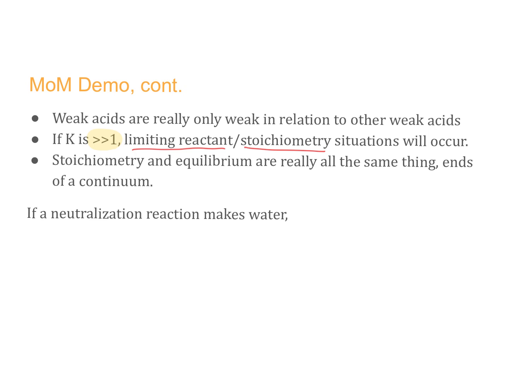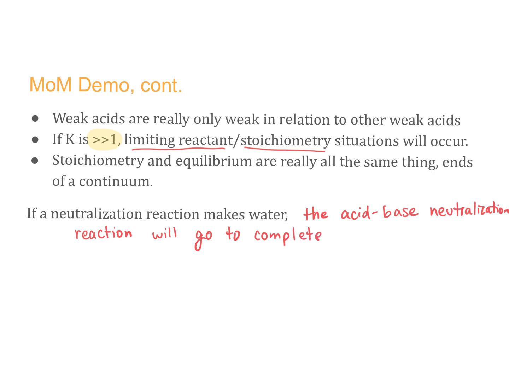And really and truly, as we get further in chemistry, stoichiometry and equilibrium are similar things, but they're opposite ends of a continuum. The most important point we've learned from this demo is that if a neutralization reaction makes water, the acid-base neutralization reaction will go to completion, because of that huge K value for the combination of hydronium and hydroxide to make water.